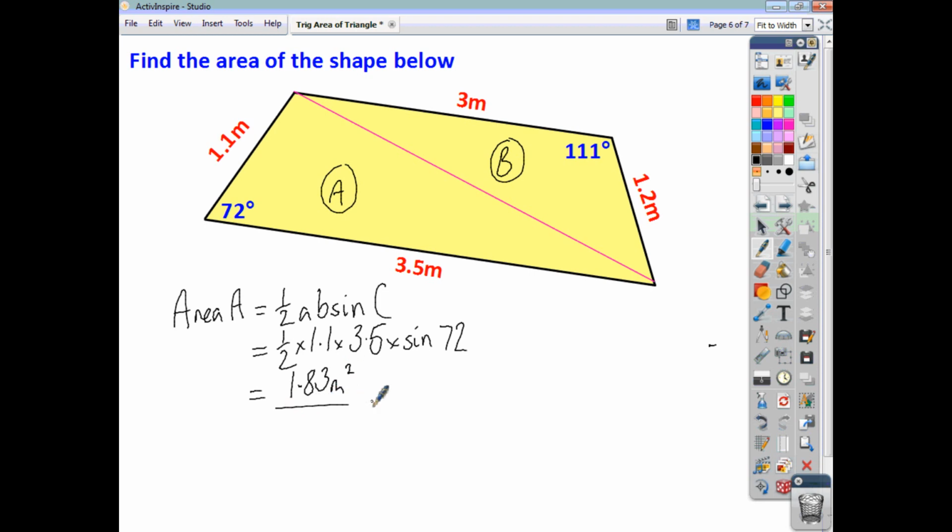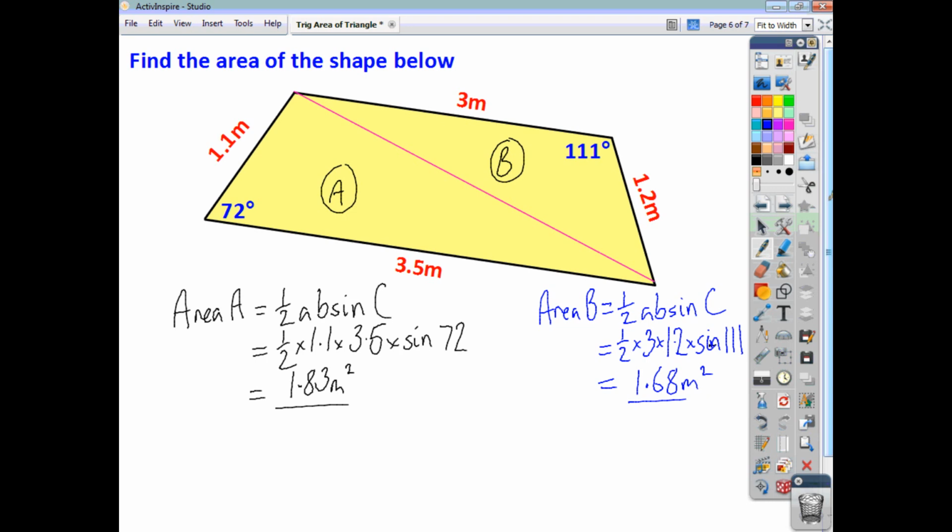To work out area B, again, same formula. Half AB sine C. So this time it's a half times 3 times 1.2 times sine of the angle sandwiched in between. So it's sine 111. Work that out and we get an answer of 1.68 meters squared.